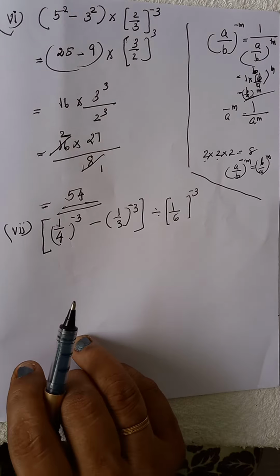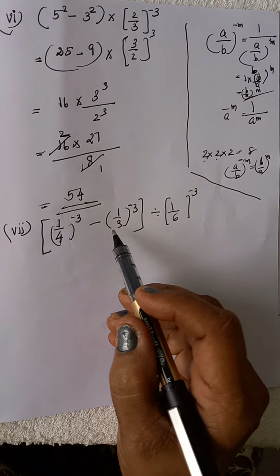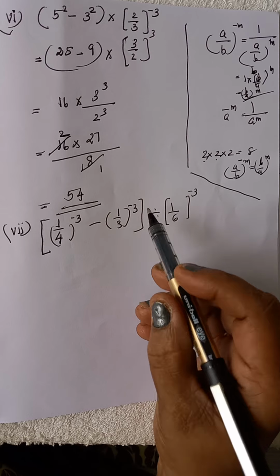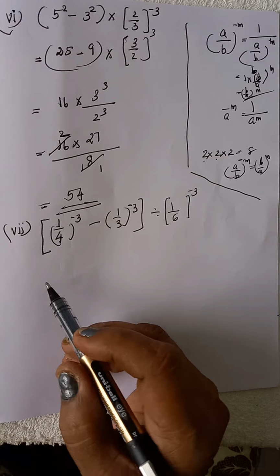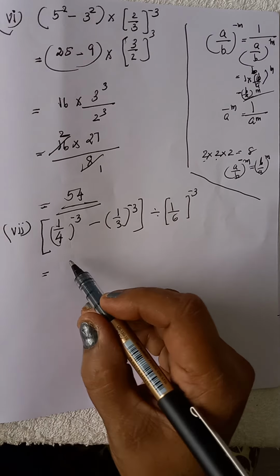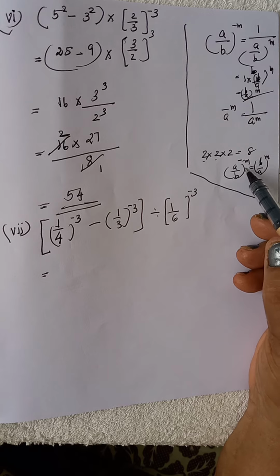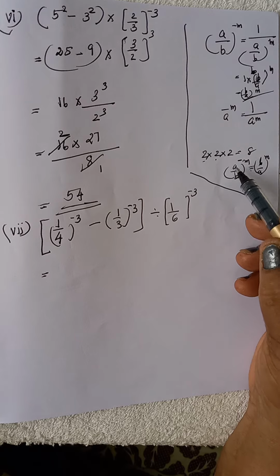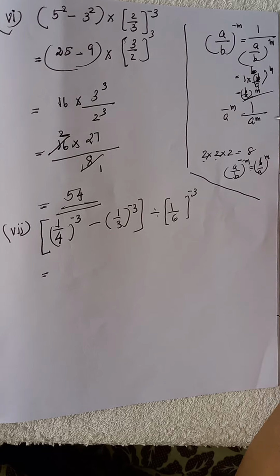Now the seventh question is (1 by 4) raised to minus 3 minus (1 by 3) raised to minus 3 divided by (1 by 6) raised to minus 3. So this is equal to, this a by b raised to minus m is equal to its inverse, that is b by a, b by a raised to positive m. We arrived from here.